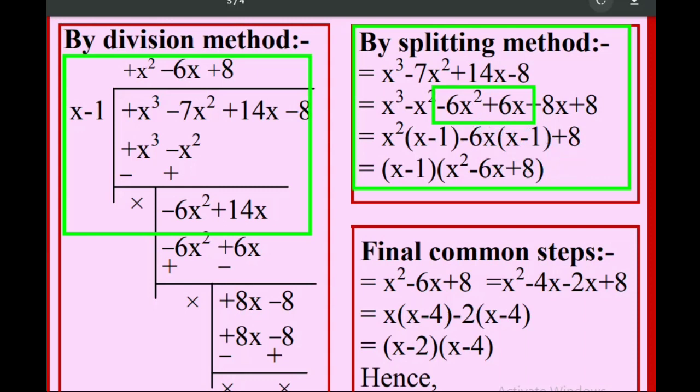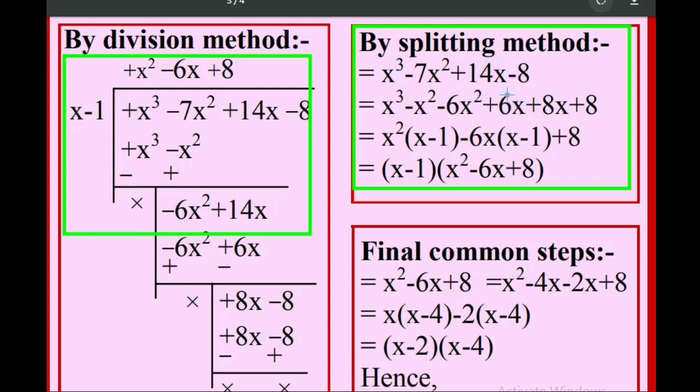But the problem is where this plus 6x comes from. Then again we can say that this plus 6x has come by splitting plus 14x.